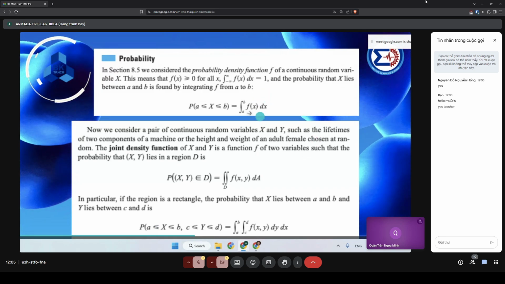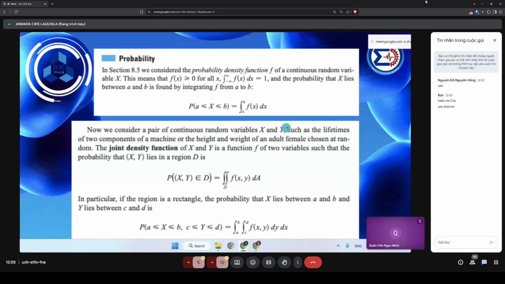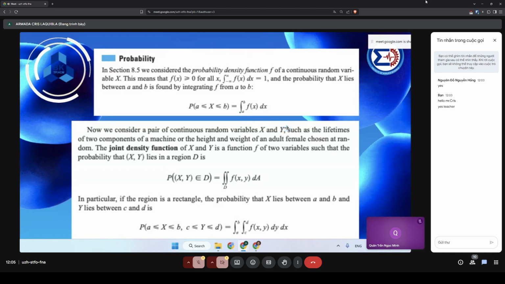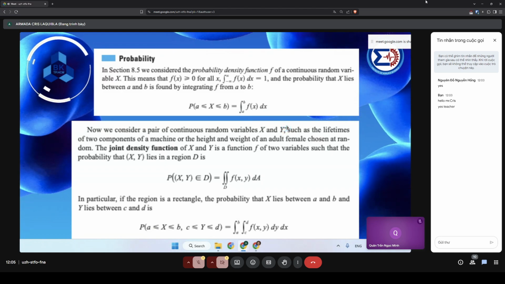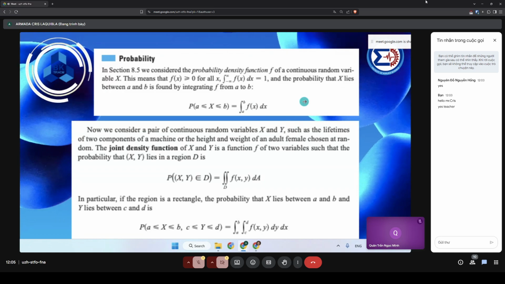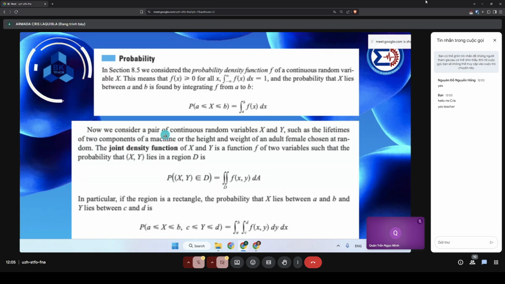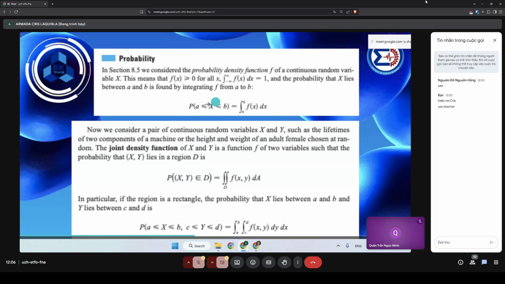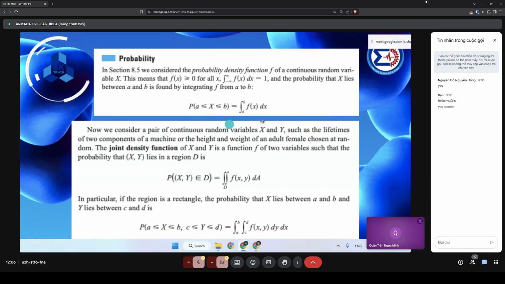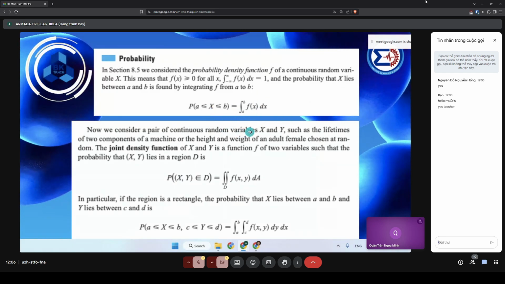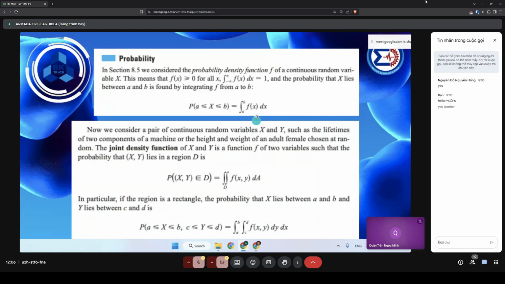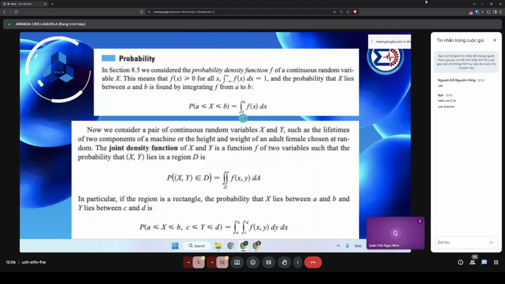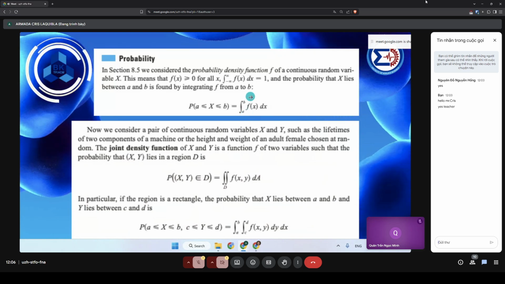So this one, class, is the probability density function f. I guess it's just a bonus lesson. You have your P of a less than or equal to x less than or equal to b. So you have to evaluate the integral of f of x dx from a to b.